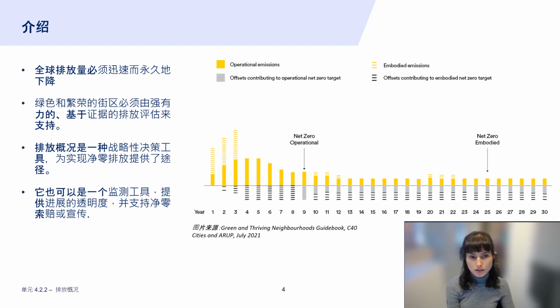Although it starts as an informed estimate, the emissions profile is a strategic decision-making tool, providing a pathway towards net zero. It can also become a monitoring tool that provides transparency on progress and supports net zero claims or publicity. This module will explain the process for creating and maintaining a neighbourhood emissions profile and show how it can be used to inform decision making.